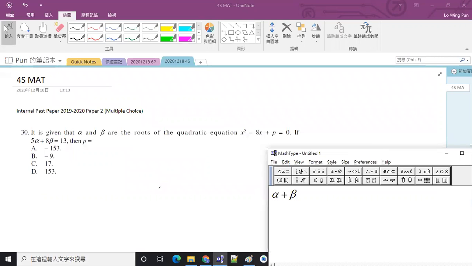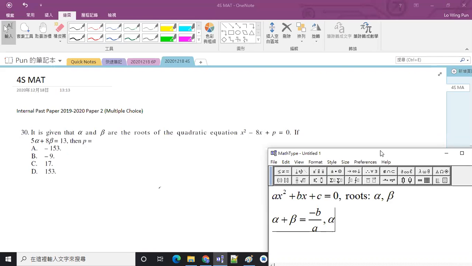Alpha plus beta is equal to negative b over a. Okay, I just write down the formula first. If you have ax squared plus bx plus c equals 0, and with the roots being alpha and beta, then the sum of roots, that is the alpha plus beta, will be equal to negative b over a.